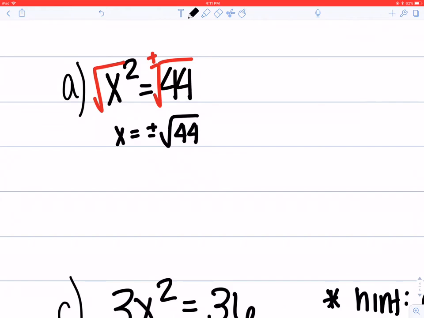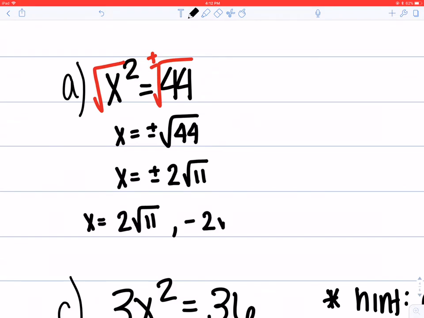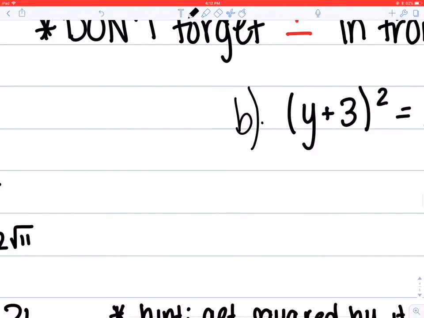So I would do my factor tree on that and get x equals plus or minus 2 square root 11. Now in Hawks, you're going to have to type these in separately, so you have the positive version and the negative version. So you have 2 square root 11 and negative 2 square root 11.